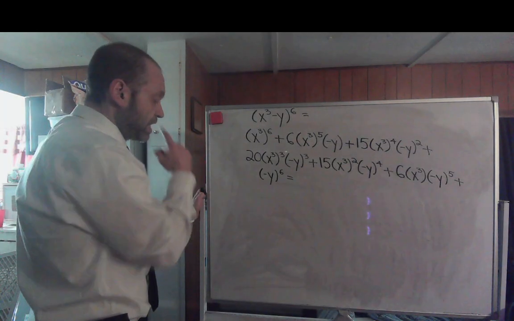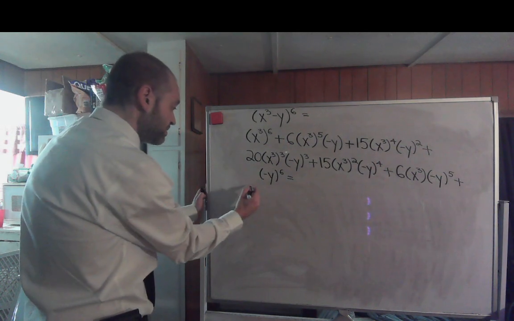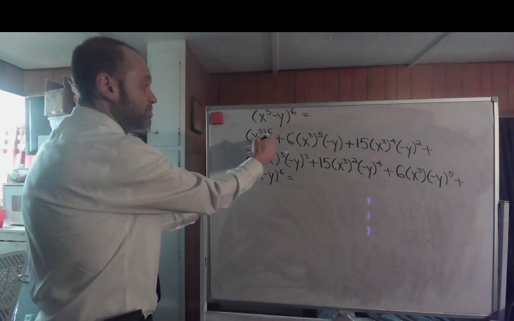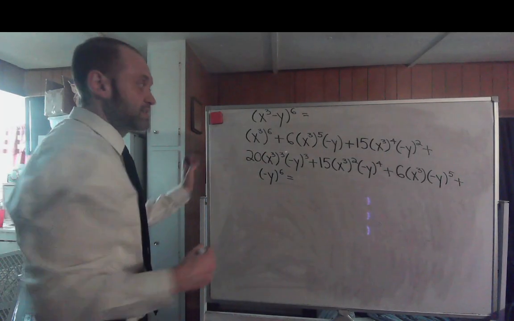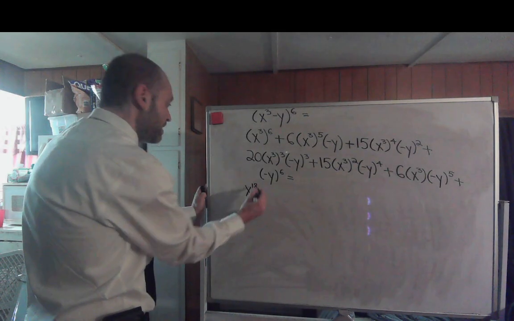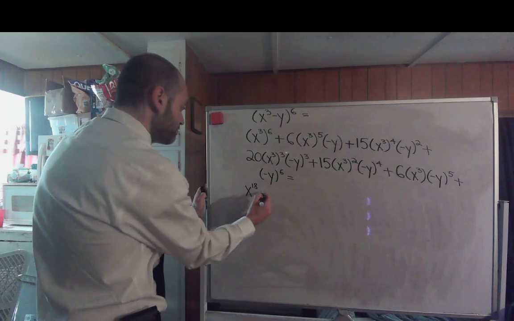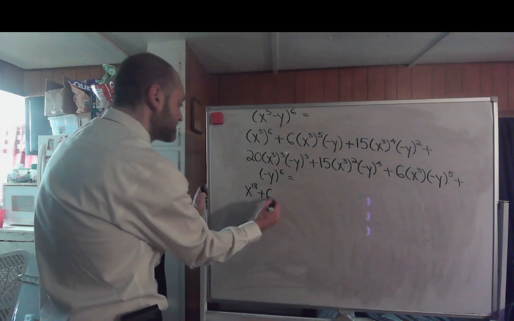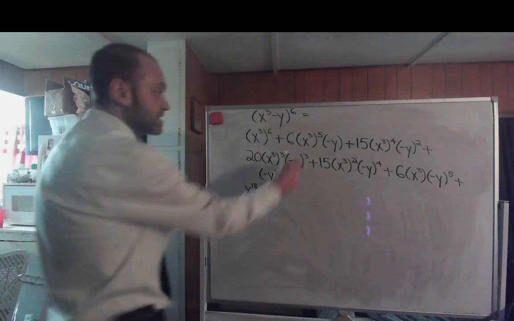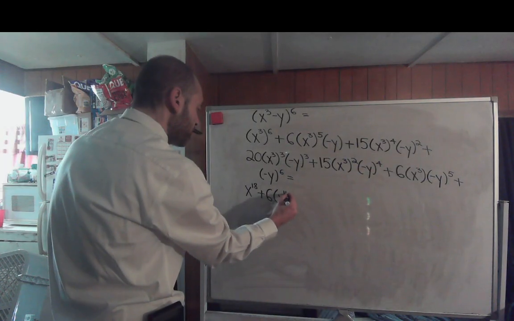So I would end up having here for the first term, x to the third raised to the 6th, that's going to end up being x to the 18th power. And then plus 6 times x to the third raised to the 5th, that would be x to the 15th power.